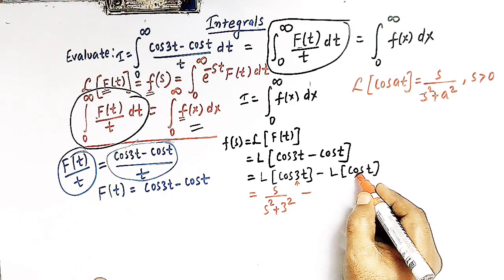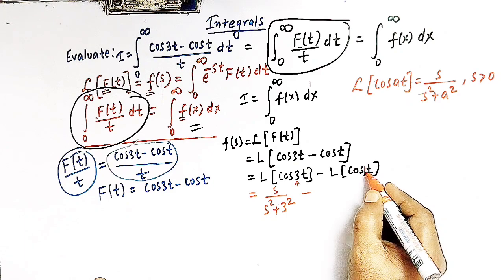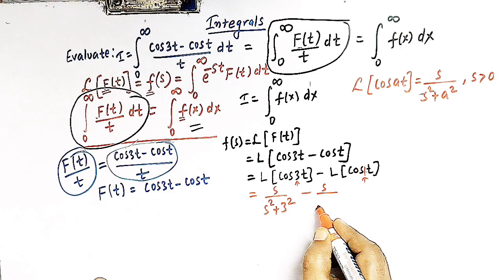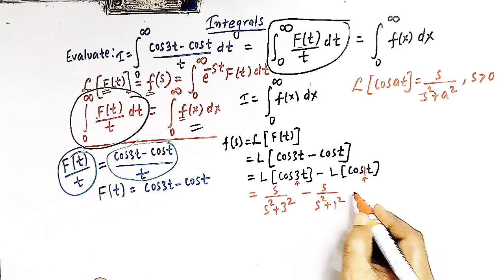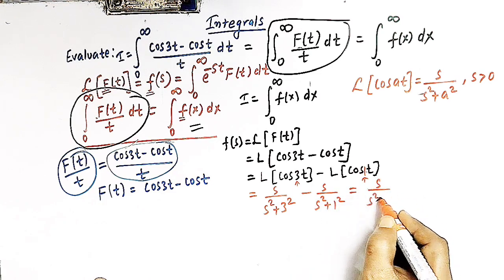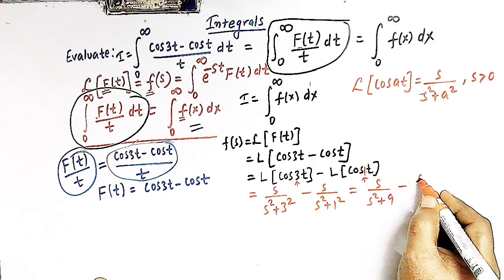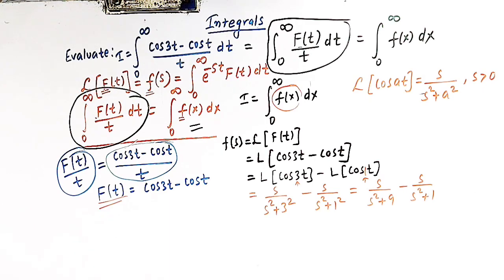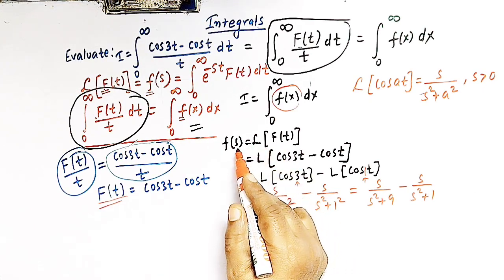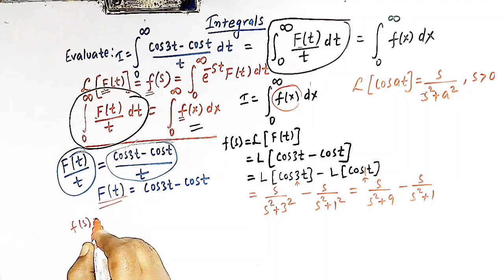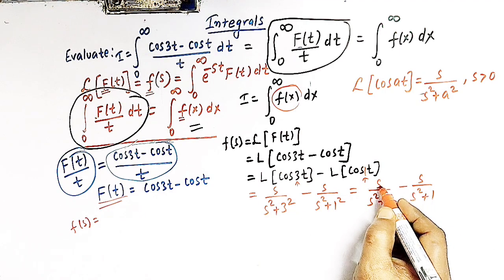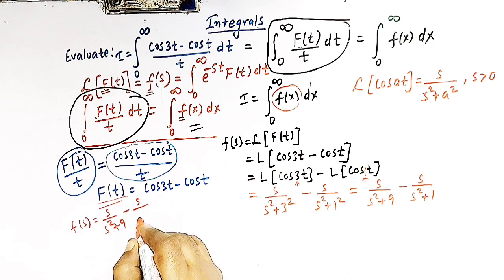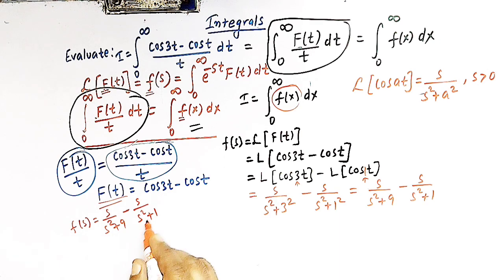And for cosine t, that is cos 1t, a is 1, so we have s over s square plus 1 square. So we have s over s square plus 9 minus s divided by s square plus 1. So the Laplace transform of F of t is F of s, which is s over s square plus 9 minus s divided by s square plus 1.